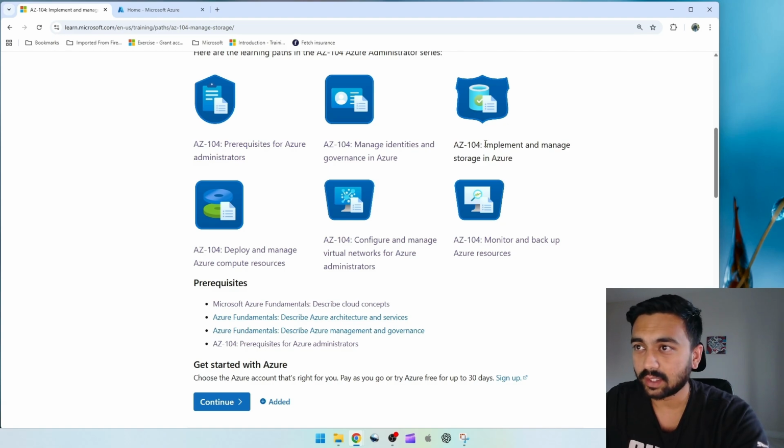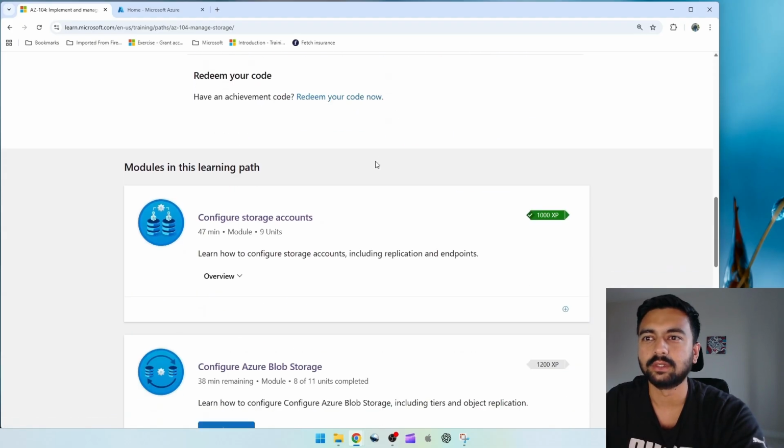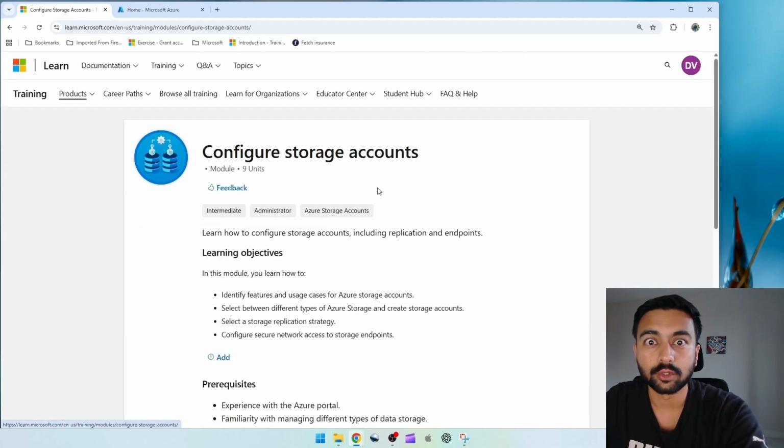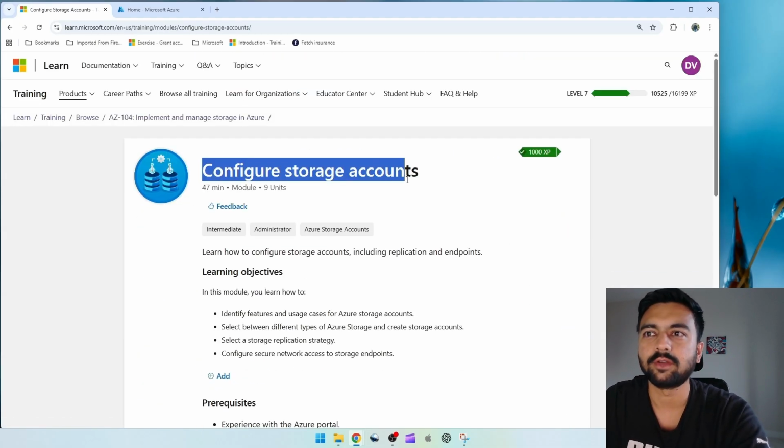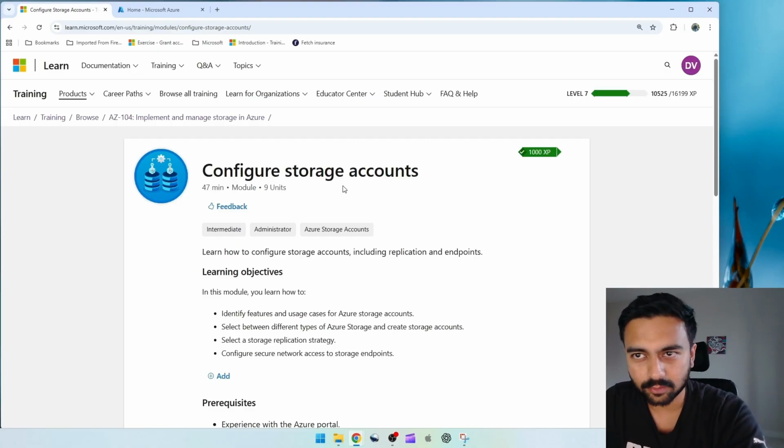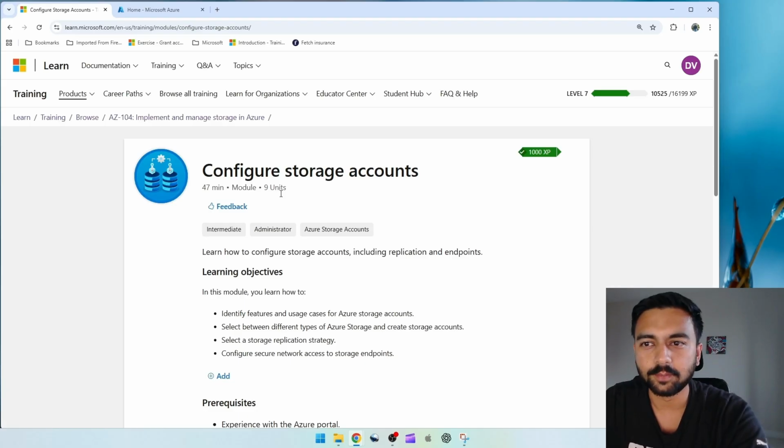So we are going to learn to implement and manage storage in Azure. As you go through this, it gives you the introduction. Even though this is the first topic, you don't just dive into the configure storage accounts module.